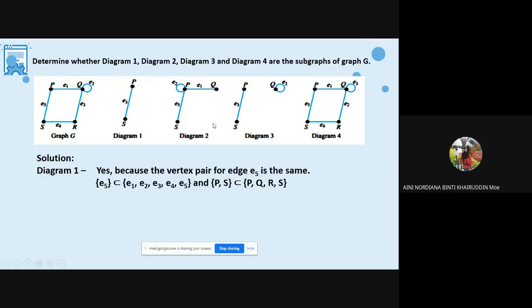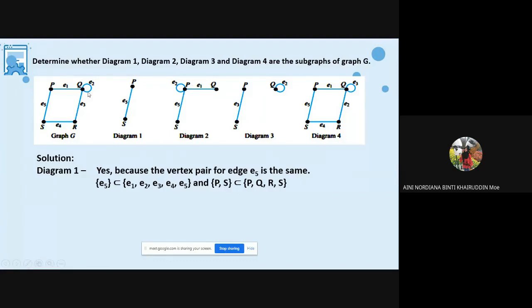Now look at diagram 2. PS ada, Q also ada, E1, E1, E5, E5. Tiba-tiba ada E2 kat sini pula. So adakah diagram 2 ni subgraph kepada graf G? Siapa nak cuba? Yes or no? No. No, because ada pula kat sini E2.